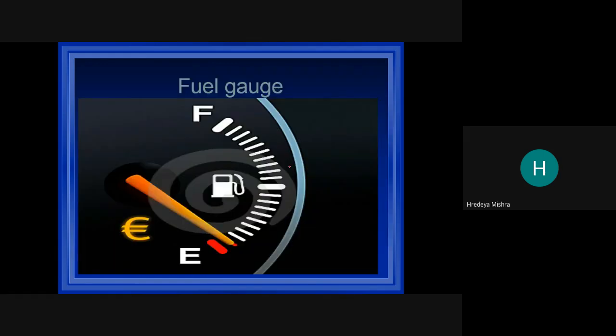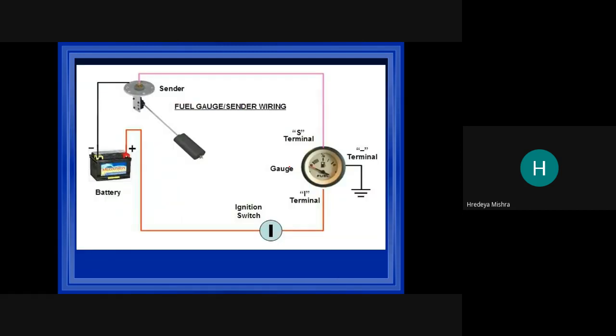The fuel gauge measures how much fuel is available in your vehicle, so you can take precautions if your vehicle is running low on fuel. Here, this is our fuel meter, or we can say the fuel gauge, with the ignition switch and sender.